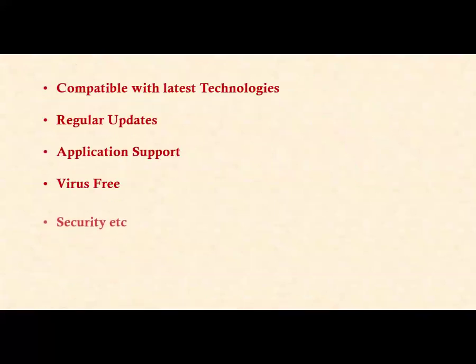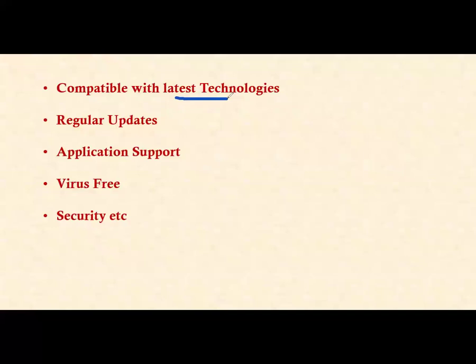Now, these features are very big. See what it says, compatible with latest technologies. So if I ask you a question, what are the latest technologies? You may say artificial intelligence, machine learning, blockchain, and what else, data, big data, whatever it is. There are many technologies available, DevOps, cloud and everything.